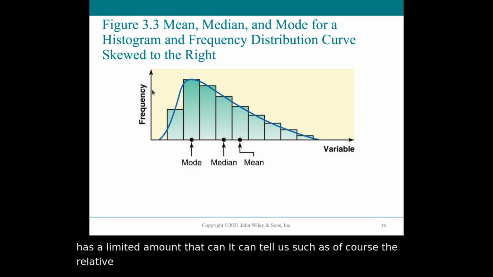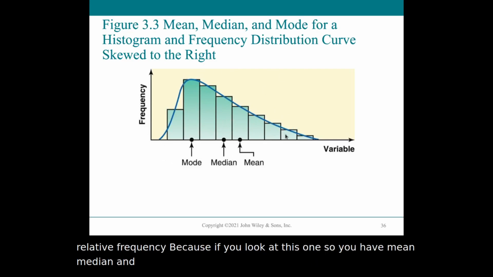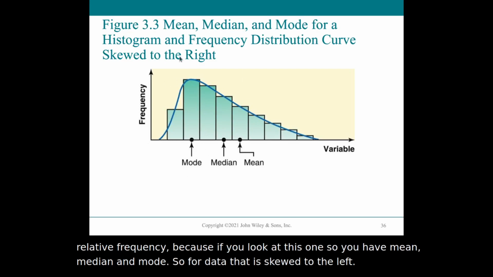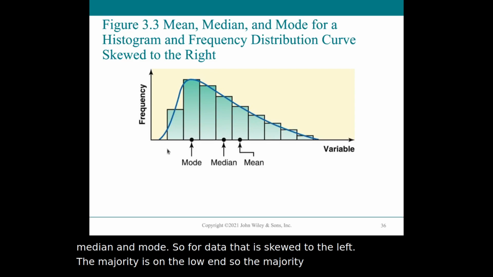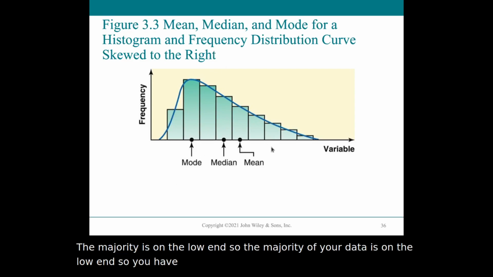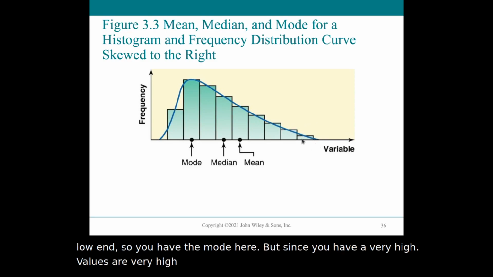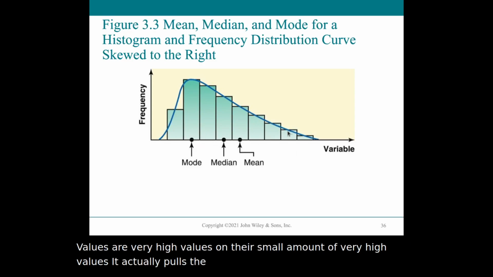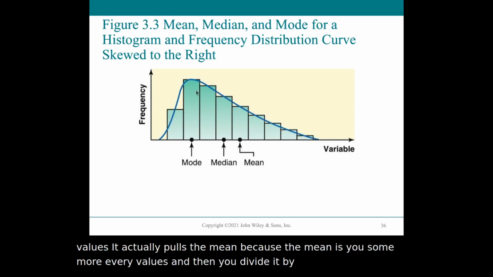If you look at this one, you have a mean, median, and a mode. For data that is skewed to the left, the majority of your data is on the low end, so you have the mode here. But since you have a small number of very high values, it pulls the mean, because the mean is the sum of all values divided by the total amount.